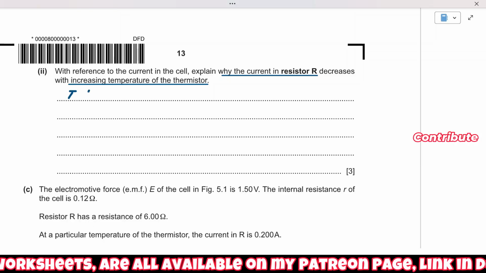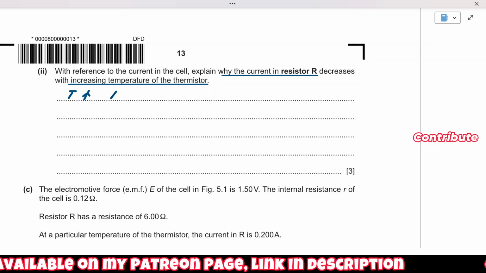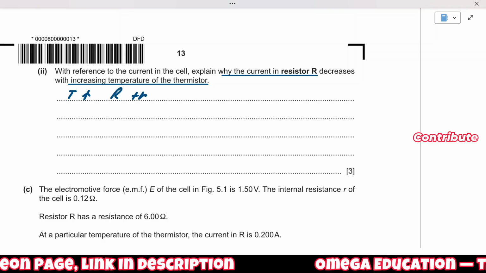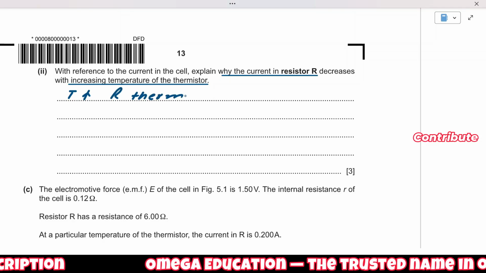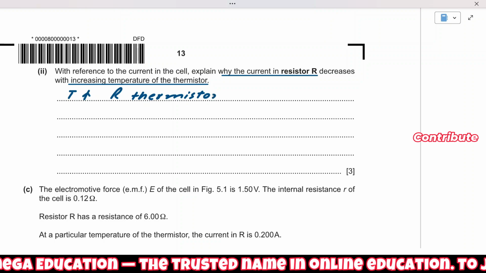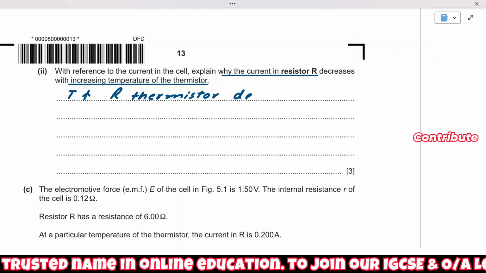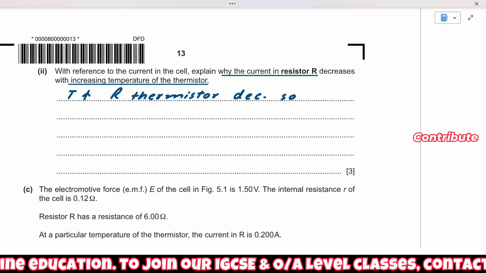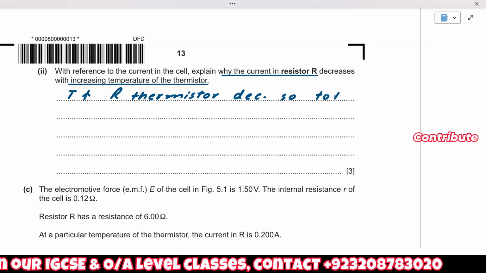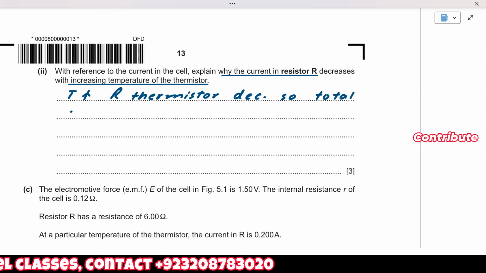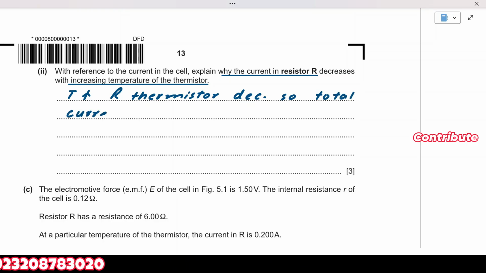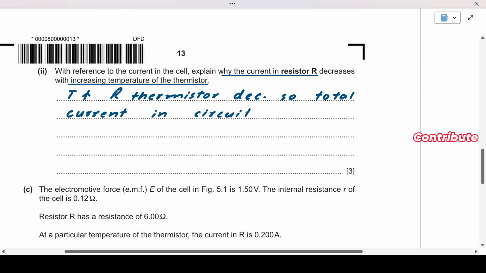Increasing the temperature, the resistance of the thermistor decreases. So total current in the circuit increases.